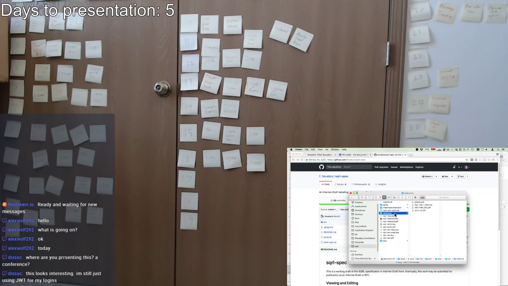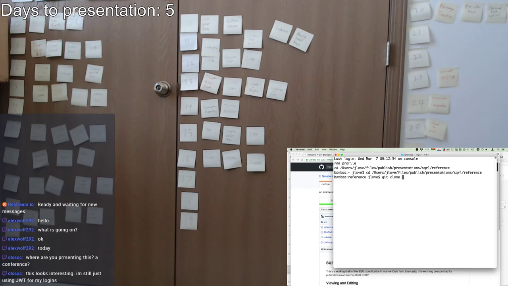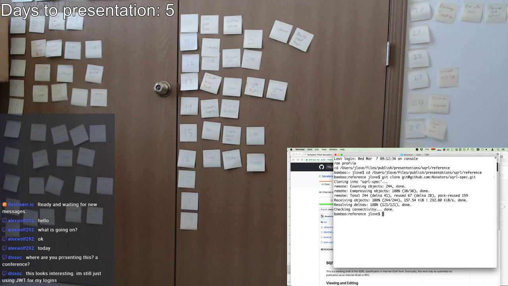I guess this would be a reference thing. XML to RFC. Oh, man.